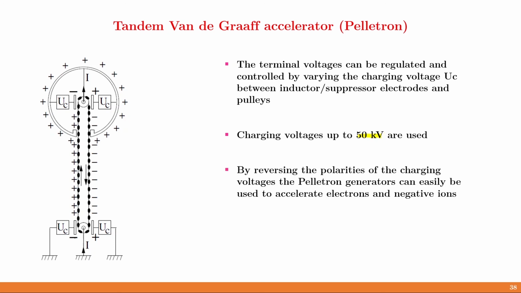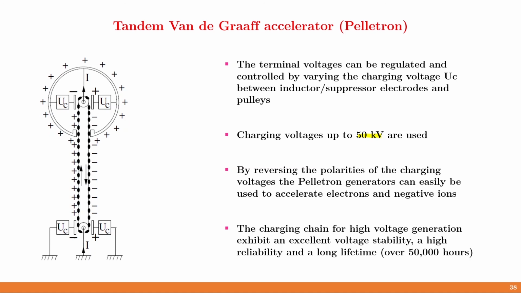By reversing the polarities of the charging voltages, the pelletron generators can easily be used to accelerate electrons and negative ions. The charging chain for high voltage generation exhibits excellent voltage stability, high reliability, and a long lifetime of over 50,000 hours.